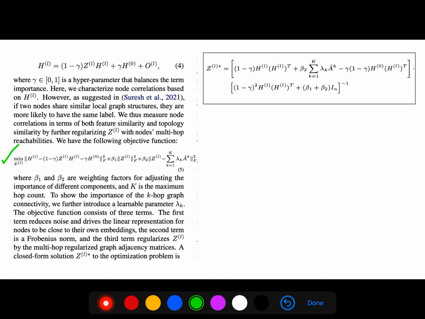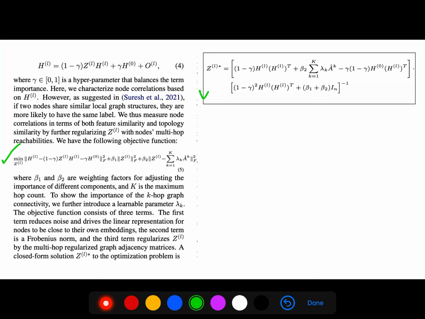To show the importance of the k-th hop graph connectivity, we further introduce a learnable parameter lambda. The objective has three terms. The first term reduces noise and drives the linear representation of nodes to be close to their own embeddings. The second term is a Frobenius norm, and the third term regularizes by the multi-hop regularized graph adjacency matrices.